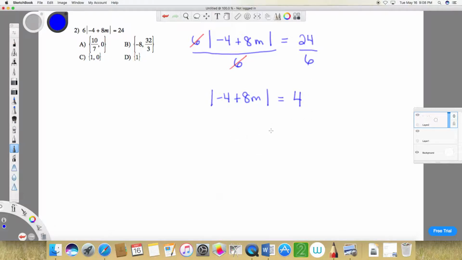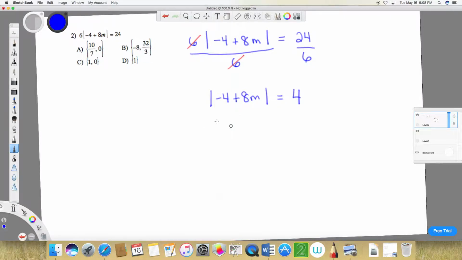All right, so what's inside the absolute value here, this expression, remember it represents a number. Negative 4 plus 8m could be one of two possibilities.